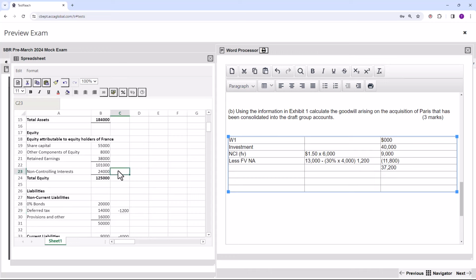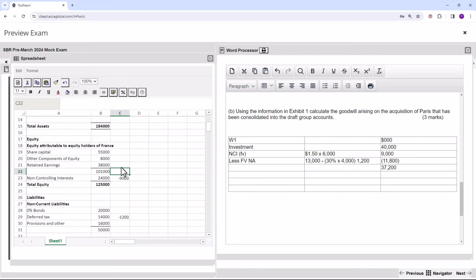This NCI figure here also needs to be corrected as I rip out the NCI that I put in, and that's the figure of 9,000. Own figure rule. If you miscalculated the NCI, fair enough, you would still get the mark for removing the wrong figure.